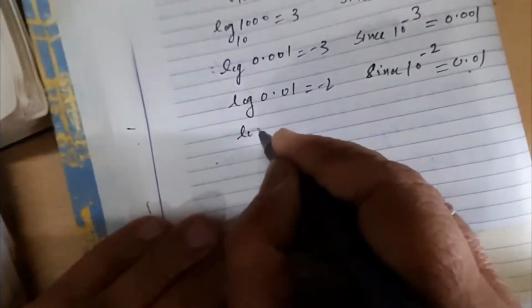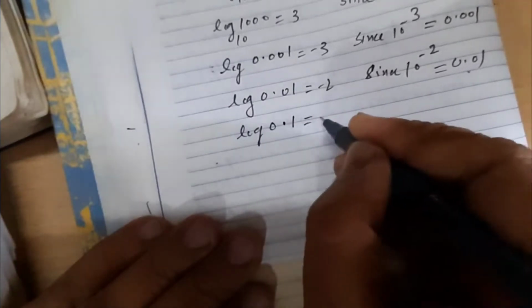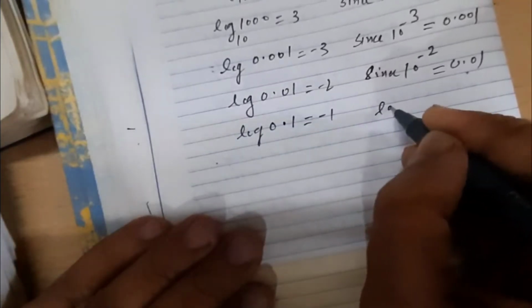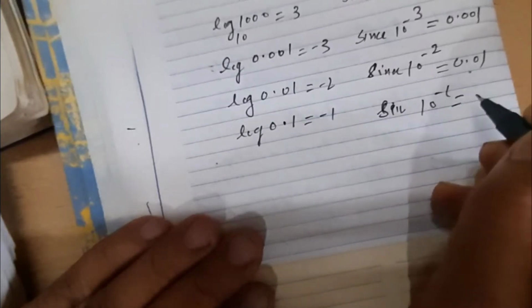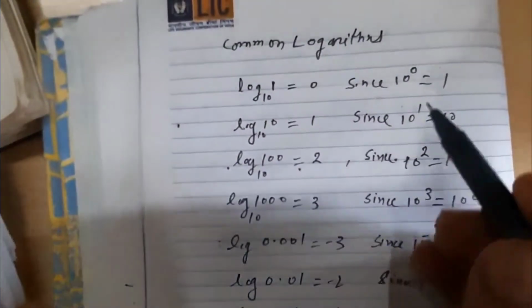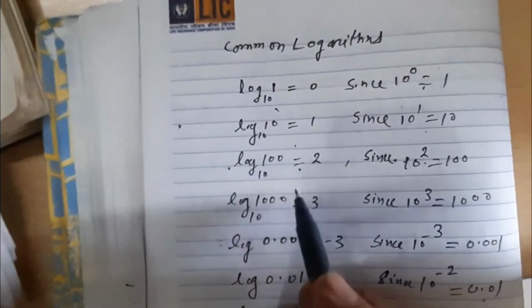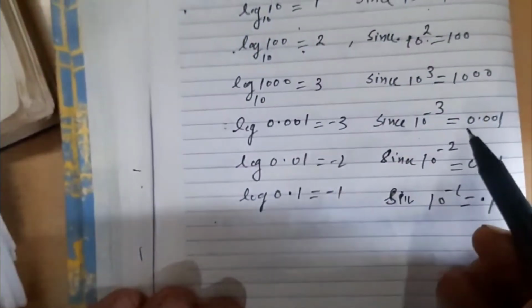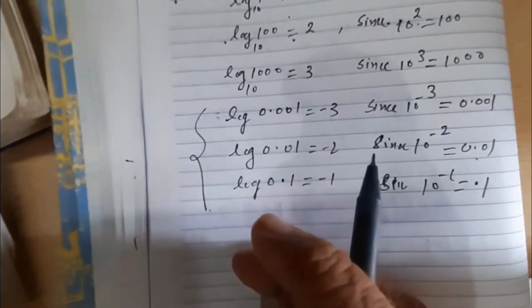And similarly, log 0.1 is equal to -1, since 10 to the power -1 is equal to 0.1. In this way, power form to log form. Pay attention to that.